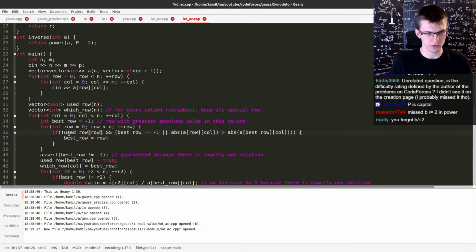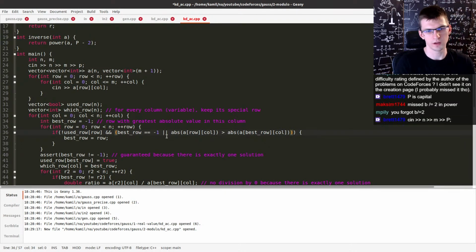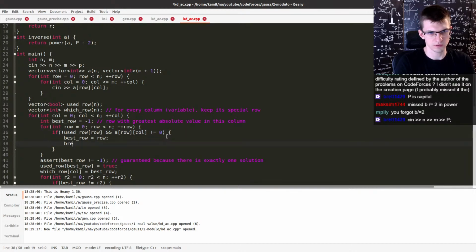Okay, for every row, if not used, best row is -1. Let's just say if A of row column is not 0, break.